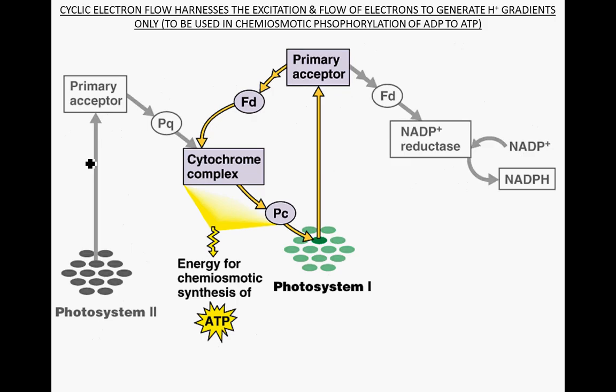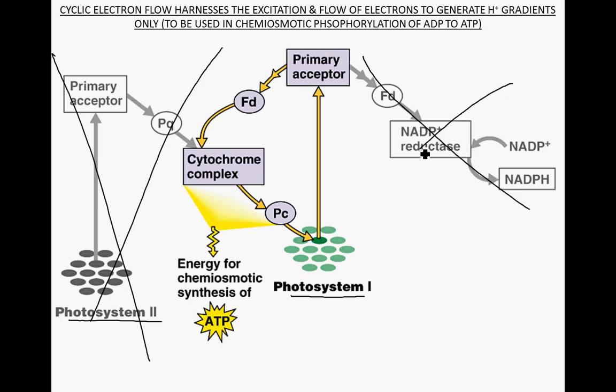What we were just describing was non-cyclic electron flow. Non-cyclic electron flow is electrons flowing from photosystem 2 to photosystem 1 to NADP reductase. But the problem is that we also have a cyclic electron flow. So cyclic electron flow does not include this and does not include this step right here. Rather, it just solely involves photosystem 1.